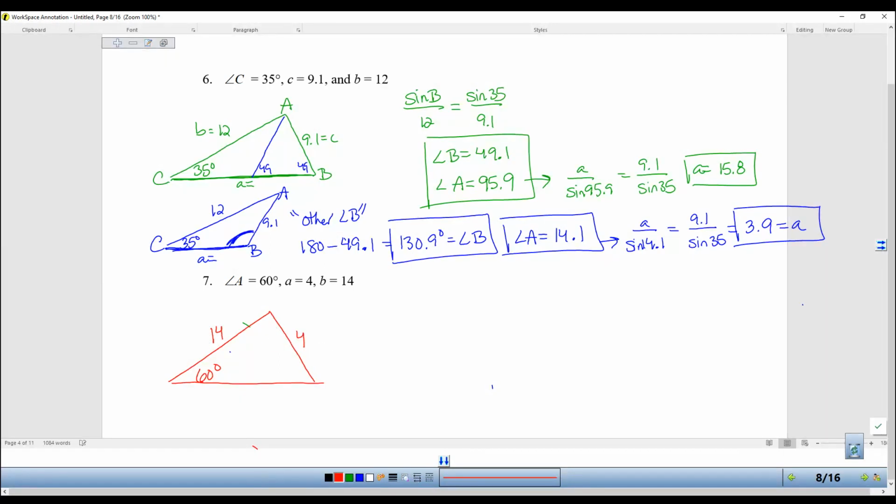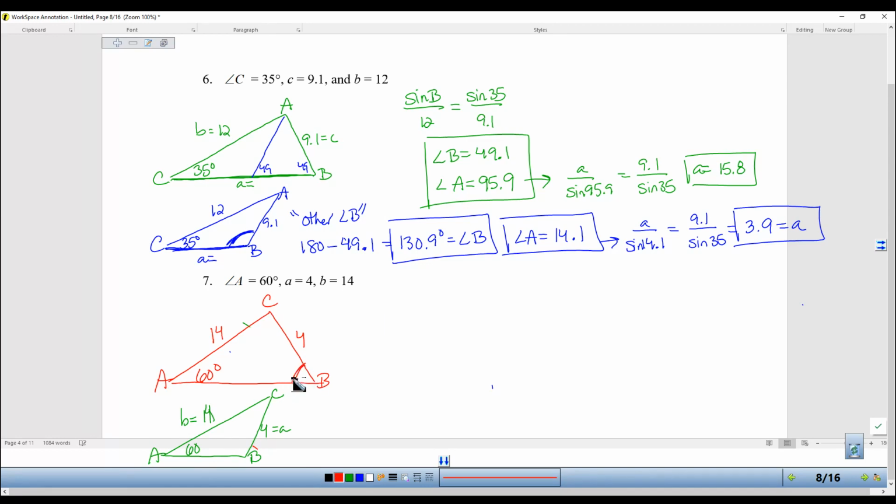So I think to myself, I had better draw this triangle twice. 14, 60, and then the 4 could be this way. So just to go through and label it, this is A, this is A, this is B, B is equal to 14, so this must be C up here. Now my red one, A, B, C.